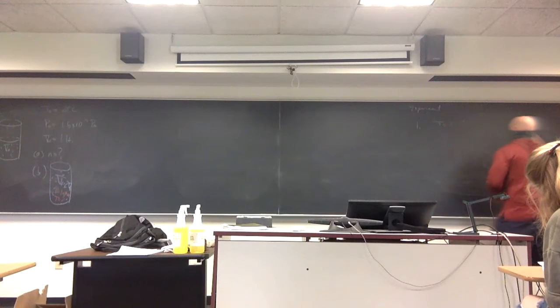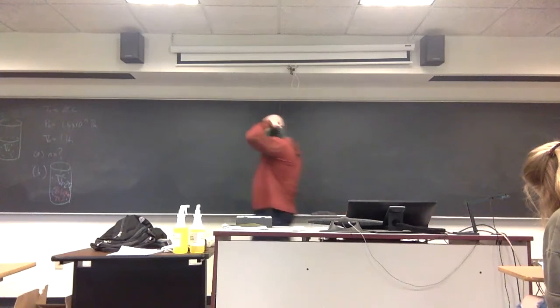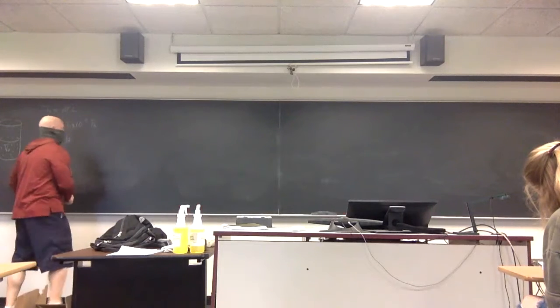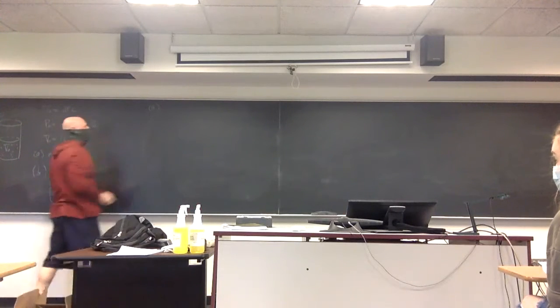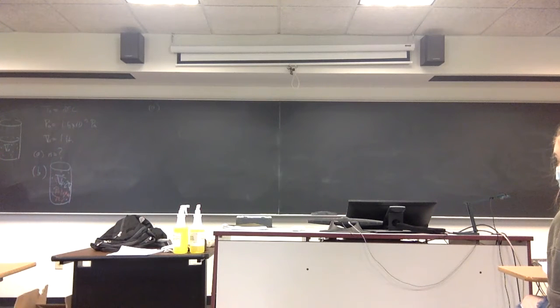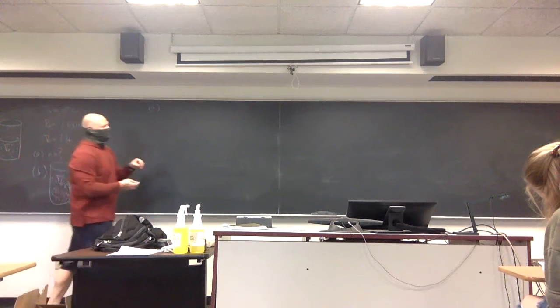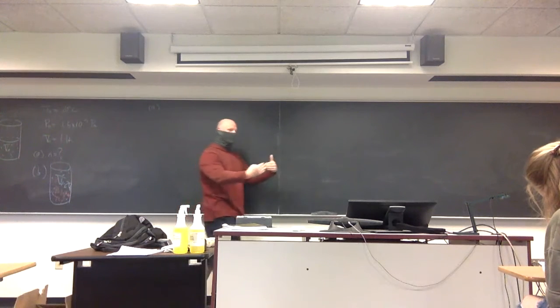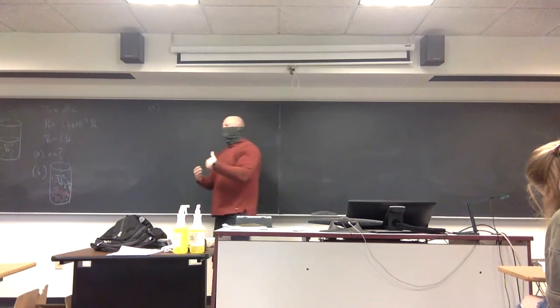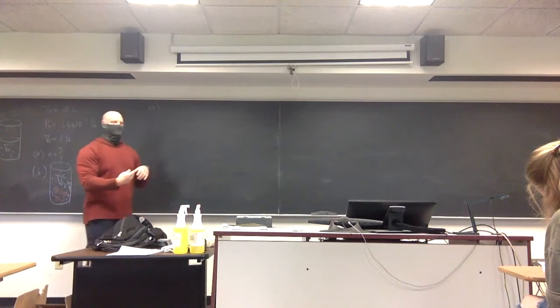Let's do part A first. In part A, we want to know simply the total number of moles. Now, one thing to point out about the ideal gas law is that it only works when my system is either in equilibrium or quasi-equilibrium, which means that if my system is changing rapidly, I can't use the ideal gas law anymore.